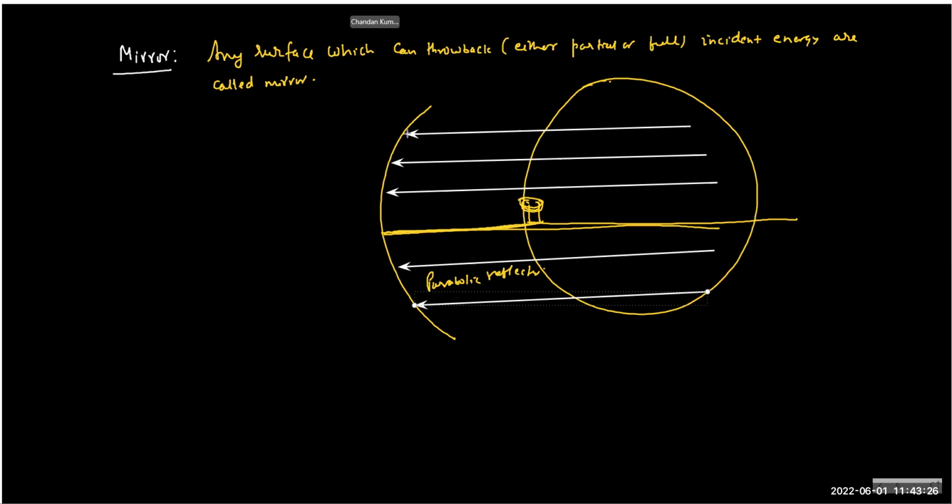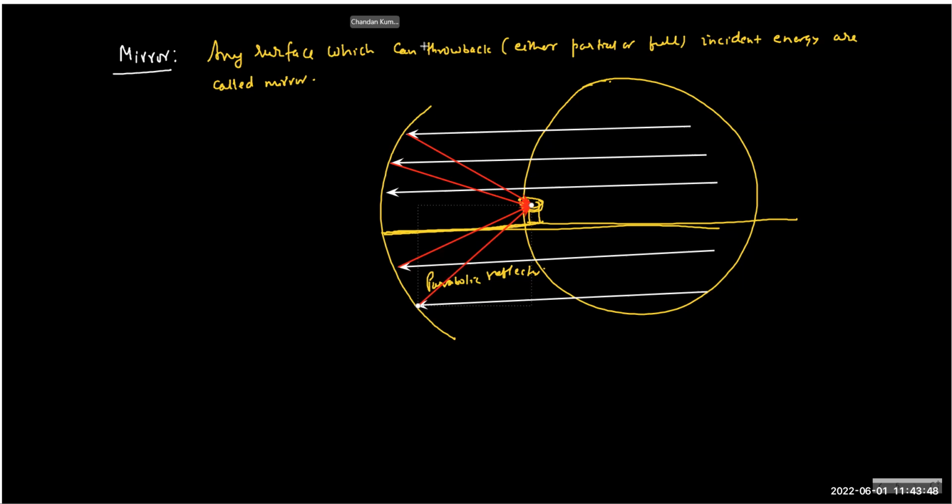To reflect the energy back to the focus. So this is the parabola. This is the focus of the parabola. I hope you have learned about the parabola. So the device is located exactly at the focus. Understood? When you locate it at the focus, all the signal will be received after reflection.